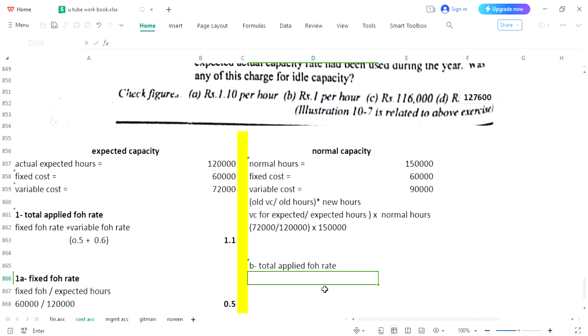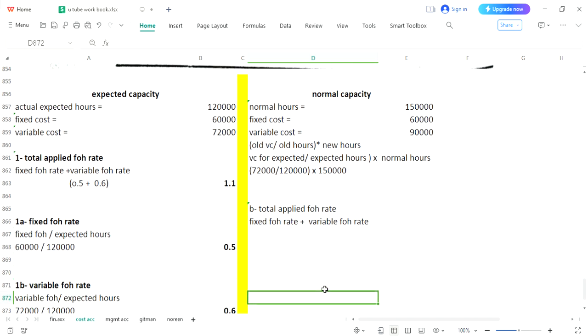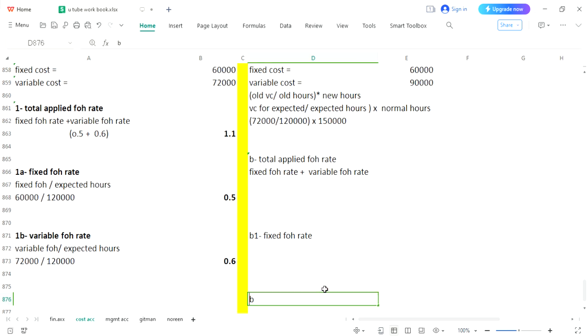You will be calculating the fixed FH rate and then you need to add the variable FH rate, with which you will be calculating the total applied FH rate. So for the fixed FH rate, B1 would be your heading. You will calculate the fixed FH rate, and then B2 where you will be calculating your variable FH rate.